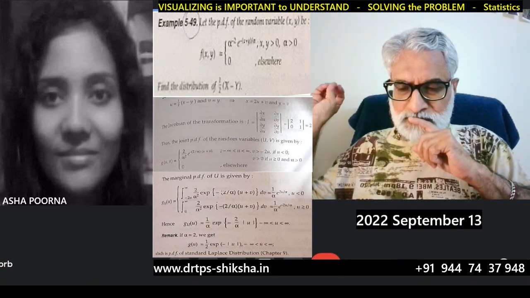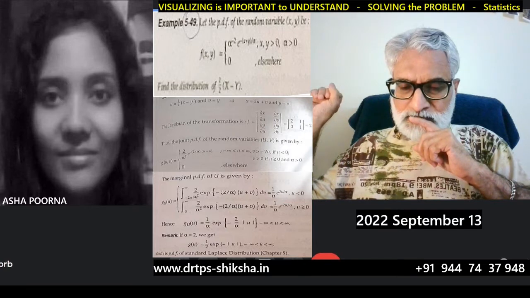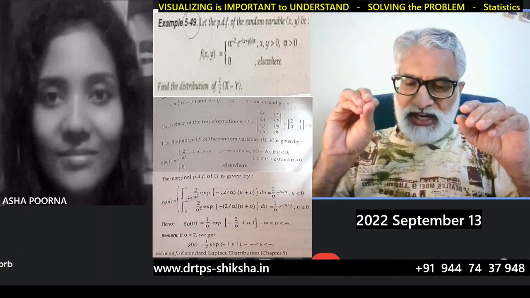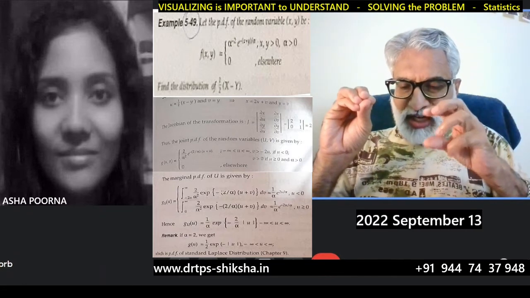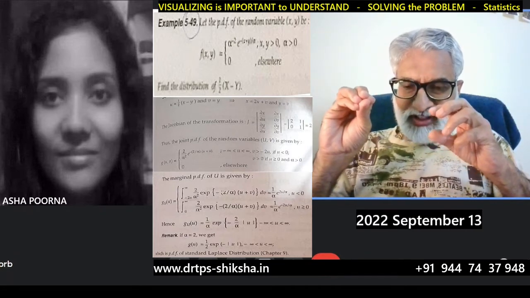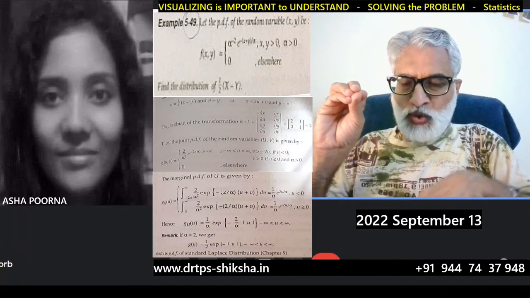Then in order to obtain the PDF of u, integrating with the limits of v. So in the substituted function, you apply these conditions, then what you will get is that new formula.